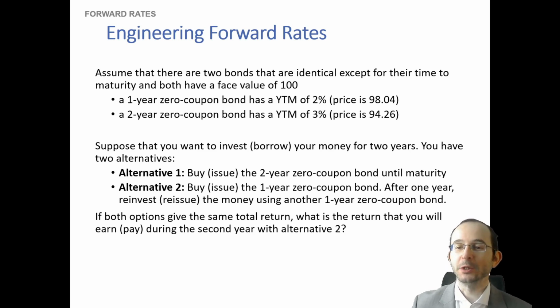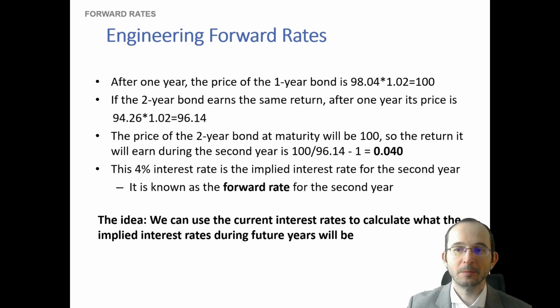In other words, we try our luck with borrowing for 1 year and then reinvesting again, borrowing at a future rate for another year after that. Well, if we think about what the price of the 1-year bond is going to be at the end of that first year, well, we knew that its present value was essentially its face value of 100 discounted at its yield to maturity, 2%.